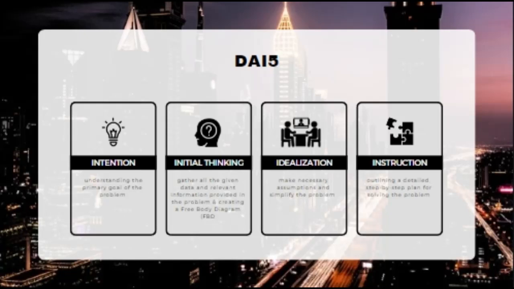The idealization is making necessary assumptions and simplifying the problem so we can easily solve it. And the last step is the instruction, which is outlining a detailed step-by-step plan for solving the problem.